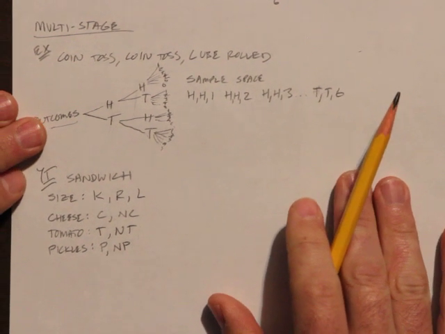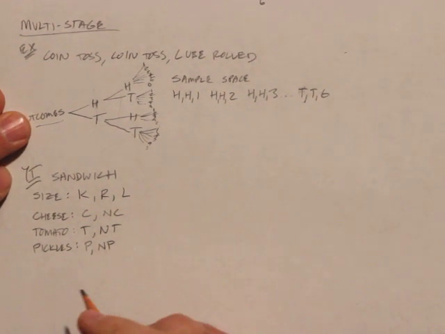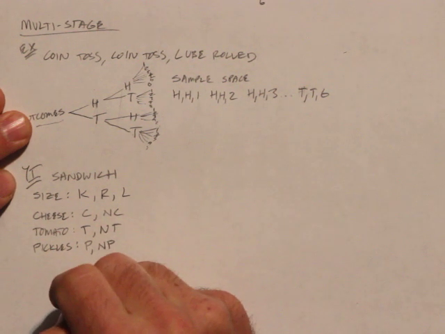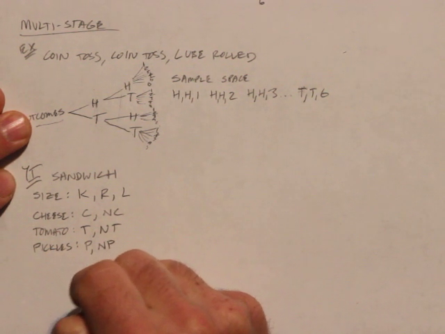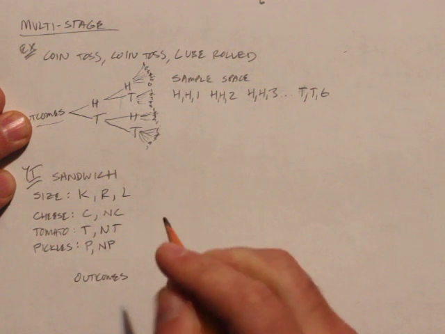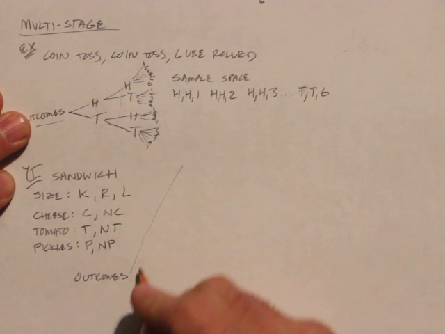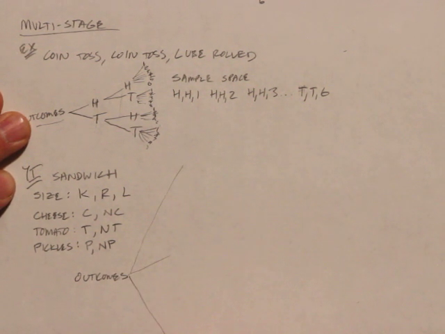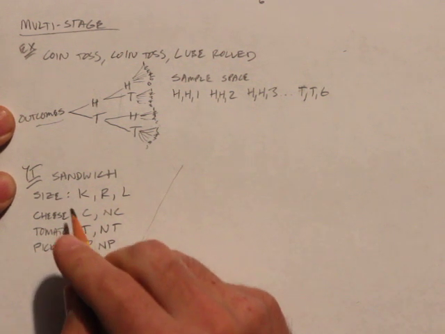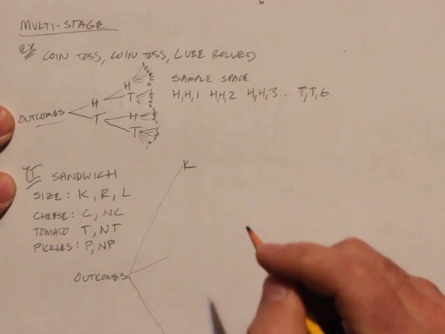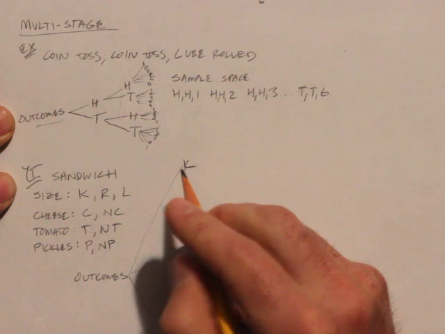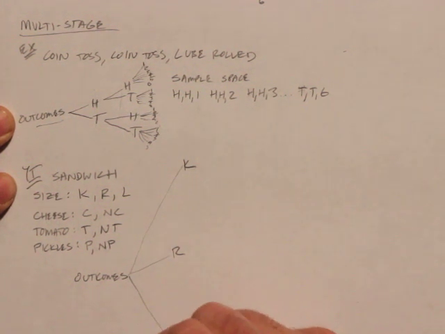All right, let's see. Hopefully you did all this work. I'm going to do it fairly quickly. So I've got my outcomes. I'm making my tree here, nice and large so there's room for all of this stuff. I've got my first event: kids, regular, large.